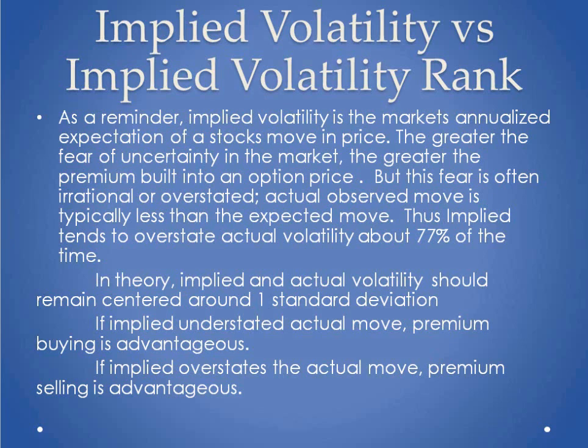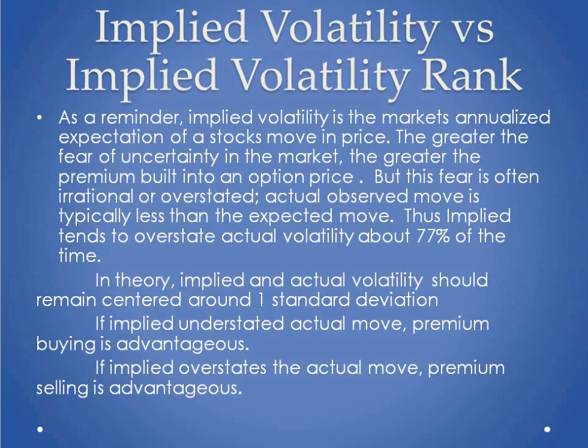You bought a call right before earnings and you were directionally correct, but after that news came out, you started seeing your premium go down despite the fact that you were right. That's due to this premium being pumped up due to the fear in the market. But this fear is often irrational and overstated.